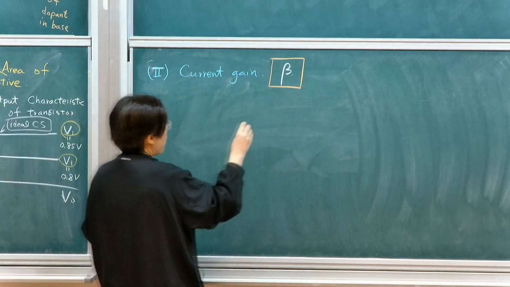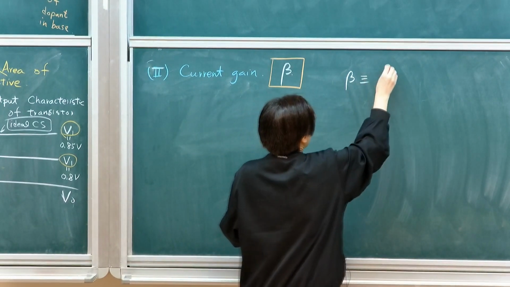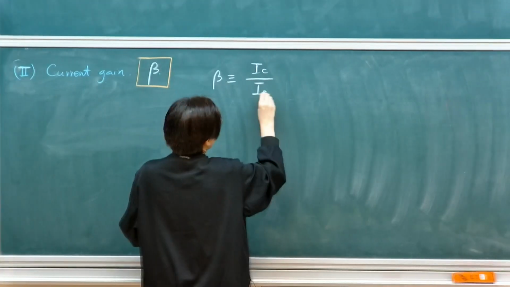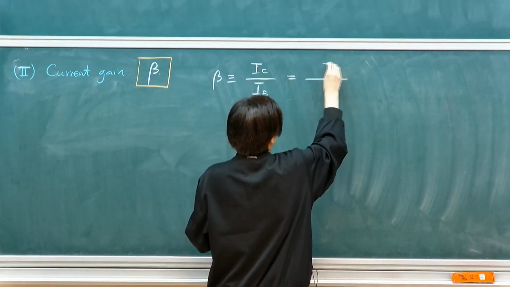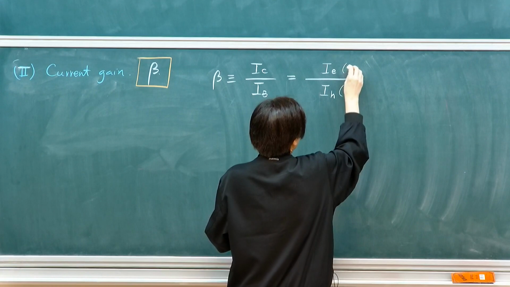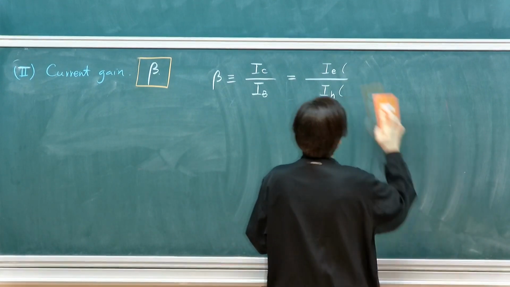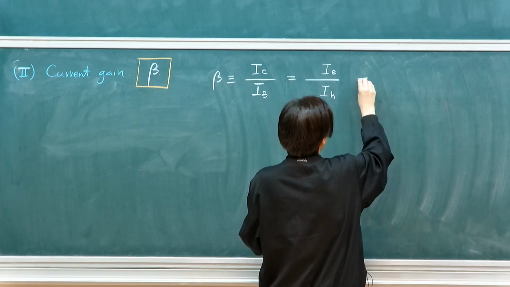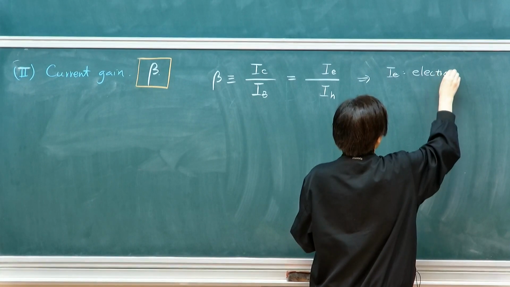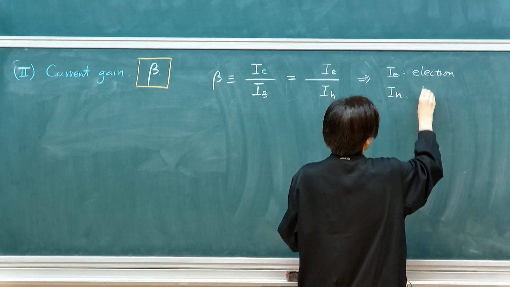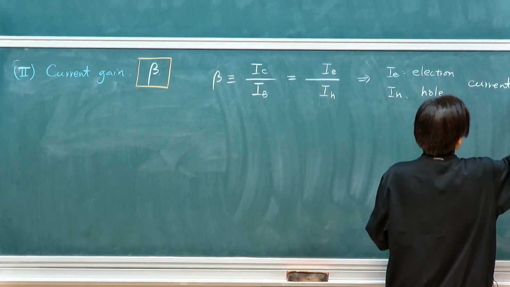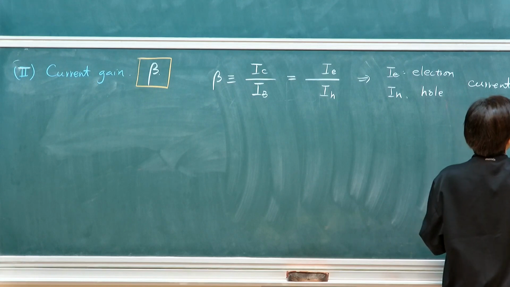So the beta current gain in a bipolar junction transistor is defined as the ratio between the collector current and the base current. This is the same as the electron current and the hole current in a forward-biased PN junction. IE will correspond to the electron current, and the hole current in the forward-biased BE junction.